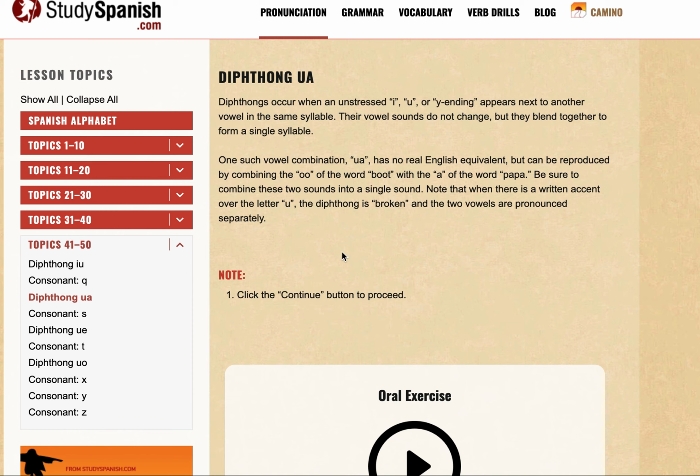So let's go straight to the definition of what the diphthong really is. It's a vowel combination, UA, that has no real English equivalent, but can be reproduced by combining the OO of the word boot with the A of the word papa.